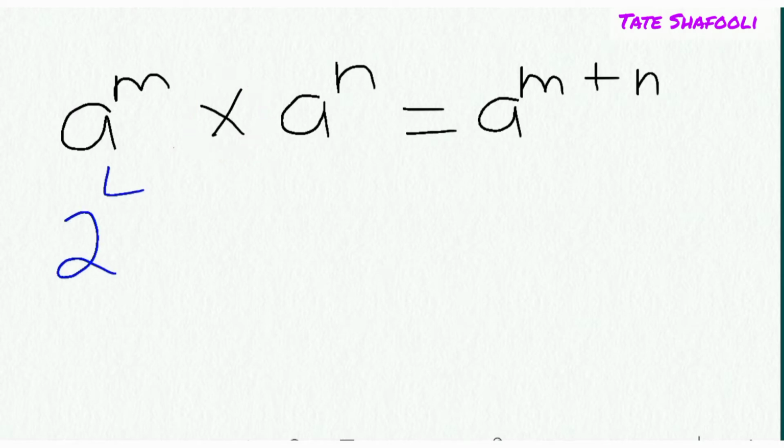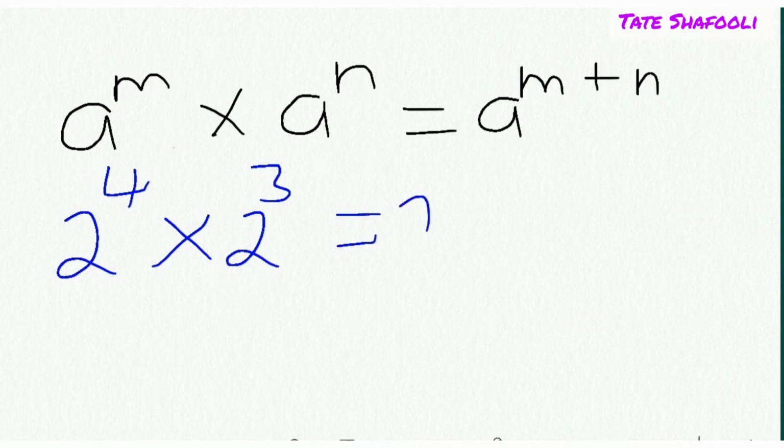and there must be a multiplication sign. 2 to power 4 multiplied by 2 cubed can be simplified, or it's the same as 2. You can see how I have written 2 only because we have two bases which are 2, and there's a multiplication sign.